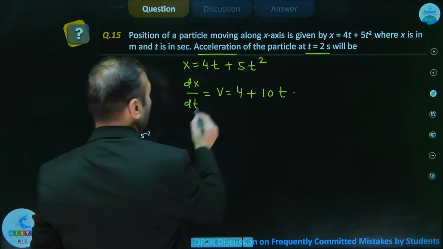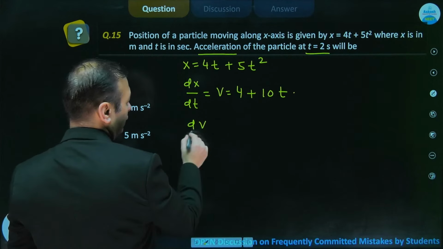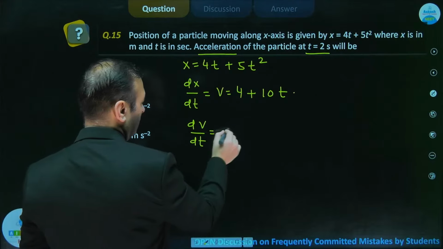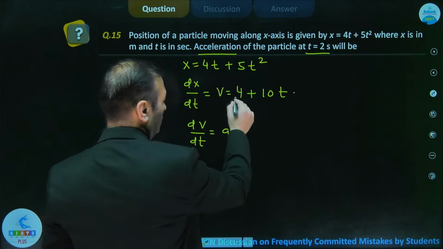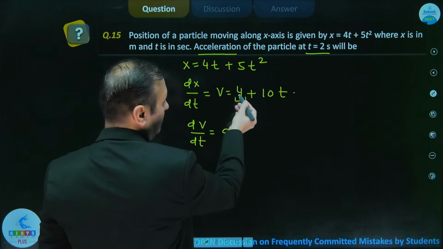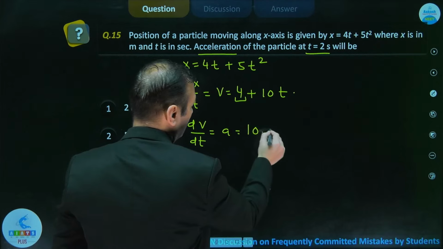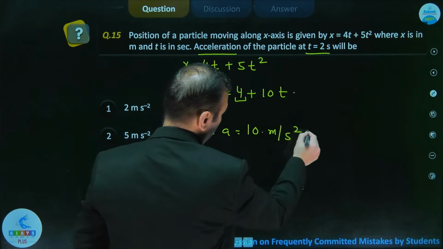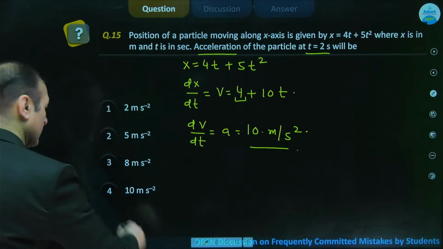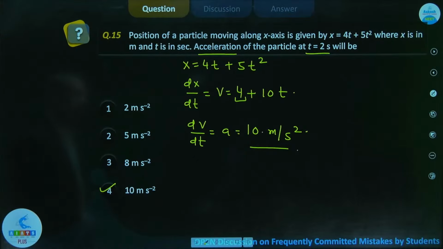But here they are asking about acceleration, so we again differentiate the velocity expression, and that gives you the instantaneous acceleration. The derivative of the constant is 0, so it's 10, and unit-wise meter per second square. So this is the fourth option we have.